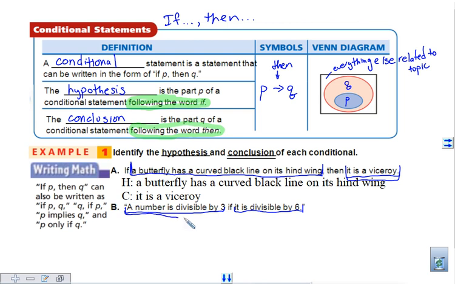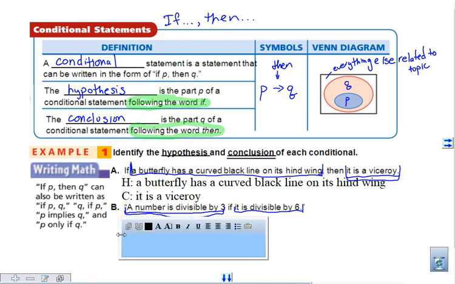Notice I did not include the word if. So again, if you're typing this, put an H for hypothesis, and say it is divisible by 6. Put a C for conclusion, and say number is divisible by 3.